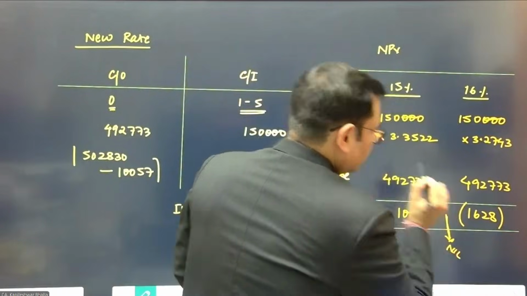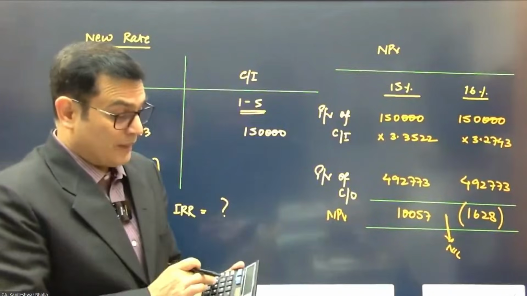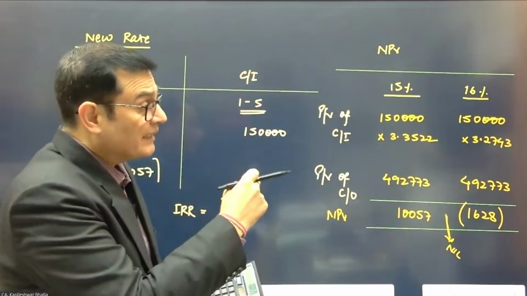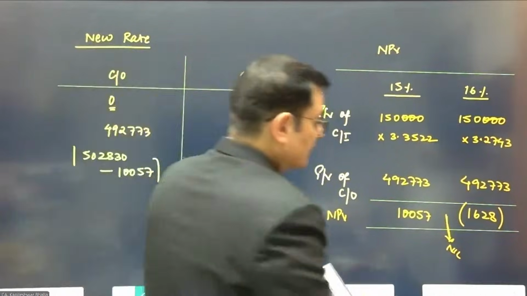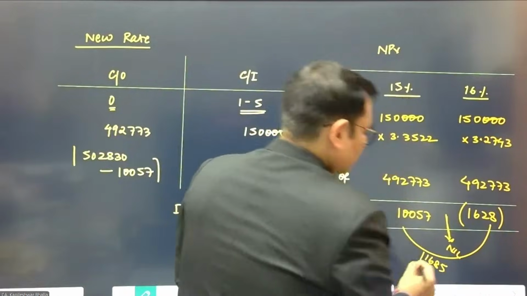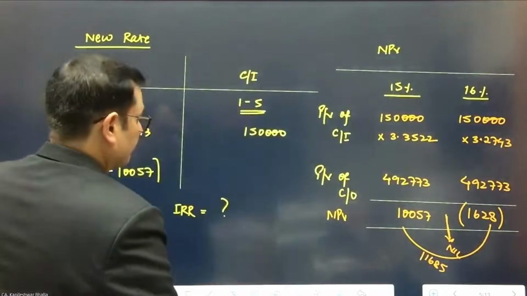That is where the NPV is 0. So let's first take the difference between the two. 10057 plus, because it'll become minus minus, so plus 1628. The difference in this case is 11,685.